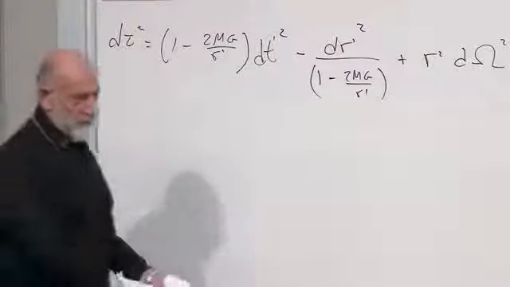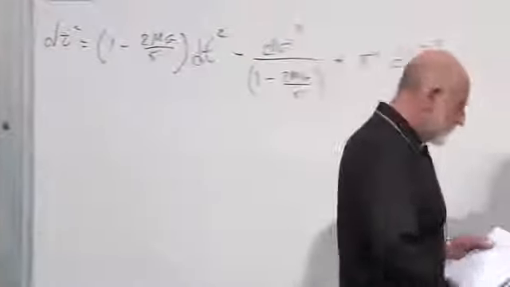Can everybody see the prime? Two-sphere just means the two-dimensional surface of a sphere. What was it? It was d theta squared plus cosine squared theta d phi squared.